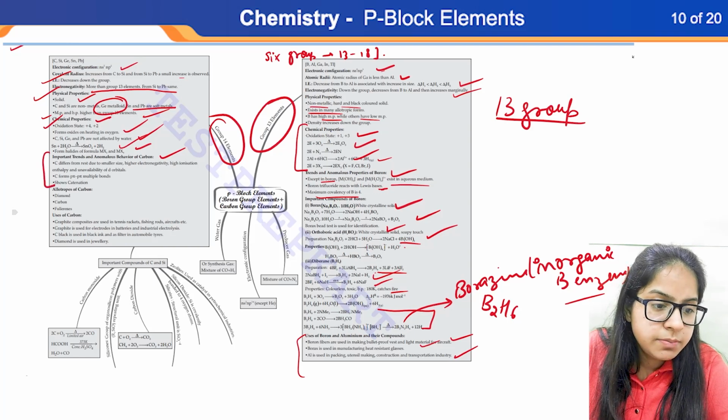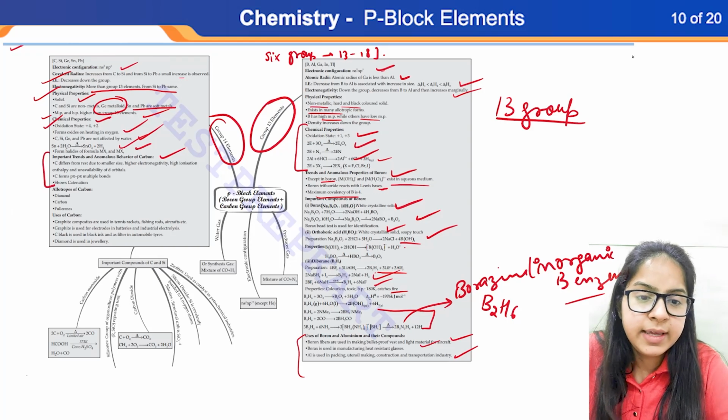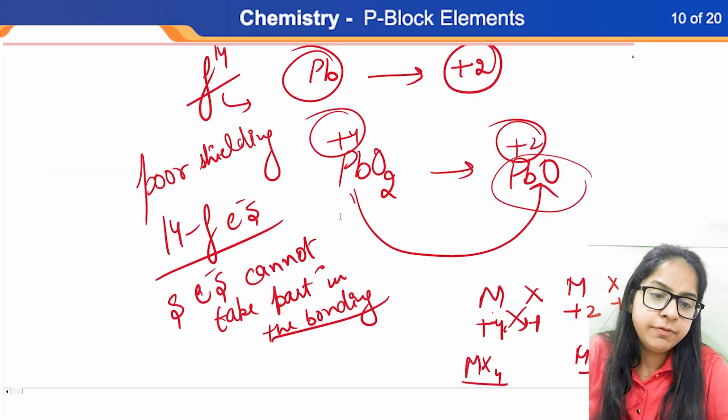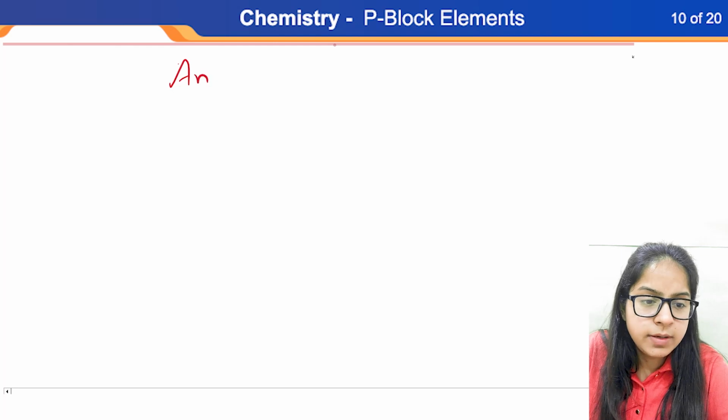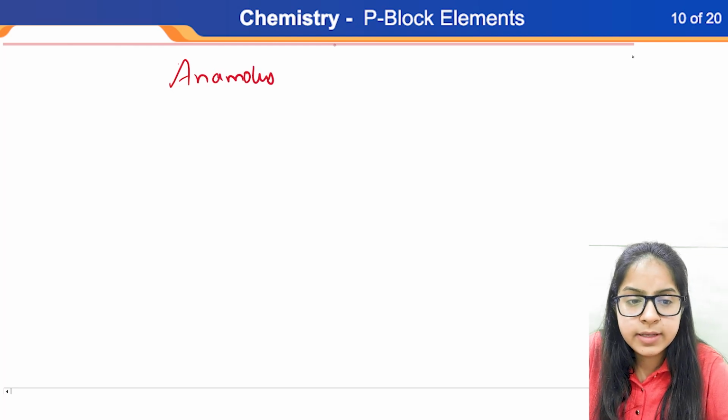The next one is important trends and the anomalous behavior of carbon. This is very important: each and every first element of every group has some anomalous behavior, some different behavior than the rest of the elements.